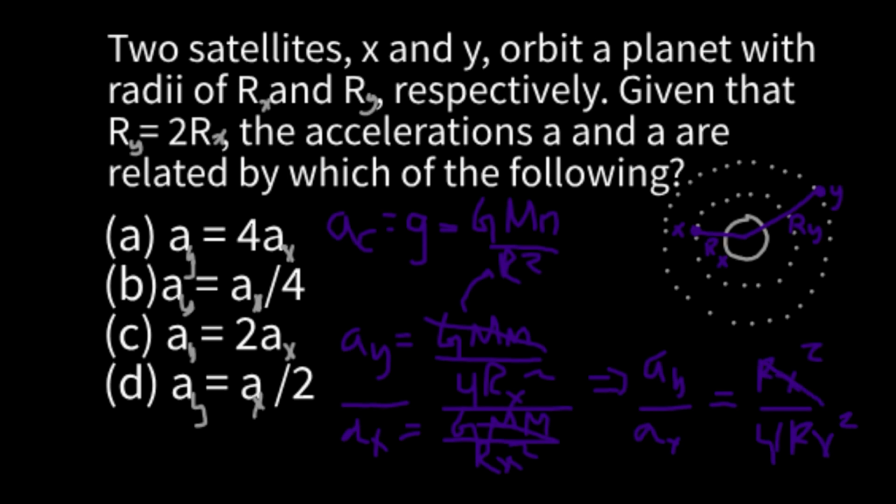So the radius of our x satellite cancels out, and if you solve for a sub y, you will get a sub x divided by 4. So that makes B the correct answer.